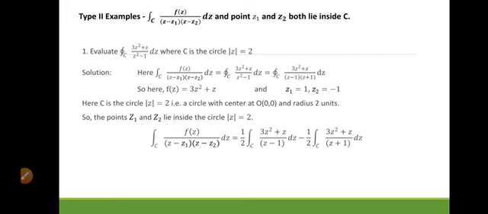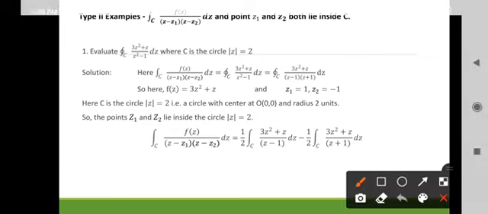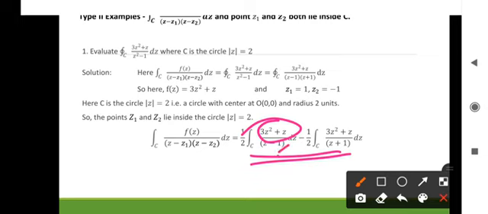So we have to apply here partial fraction method to separate the integration for both the points, so that we can reduce this type 2 example to type 1 example and we can apply the method of type 1 example. So here this is f of z and here z1 is 1.